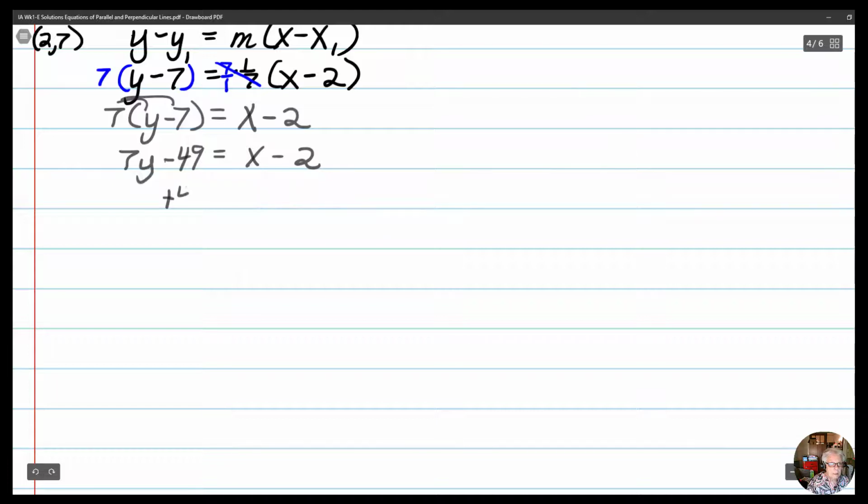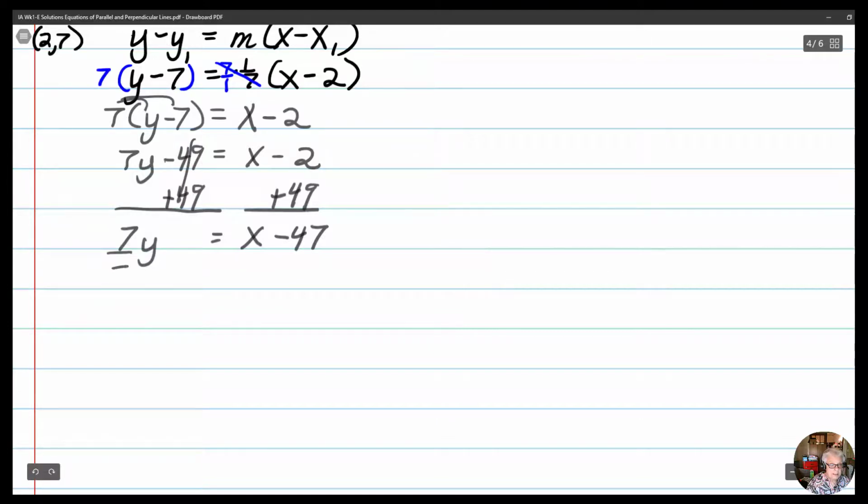Add 49 to both sides of the equation. Seven y equals x minus 47.